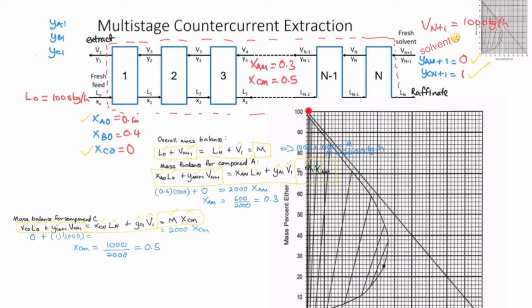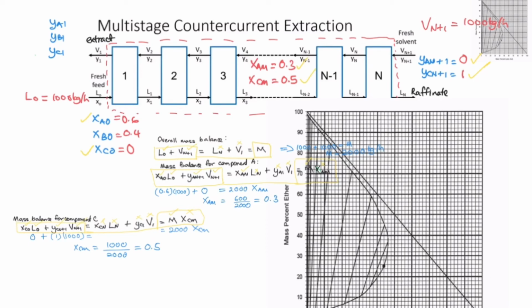So the position of V(N+1) is here. And then you are also given the coordinates for your mixture. So you are given XAM, which is 0.3, and XCM, which is 0.5.